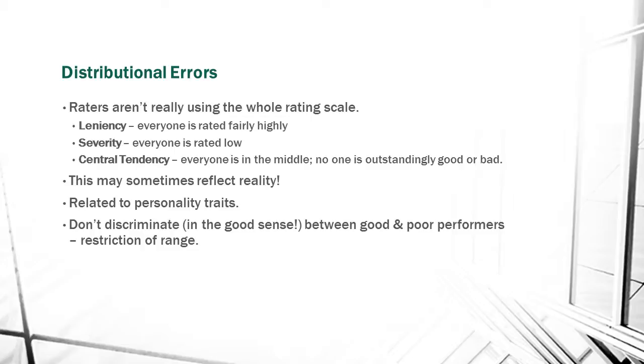That makes it very hard to use that information to make decisions or to really understand how other things might relate to job performance. When we talk about validating predictors of job performance later on, we're going to talk about an issue of restriction of range. It's hard to see correlations between things if there's not much variance in one of them. So distributional errors mean we don't have a lot of variance. Everybody's very similar. It's hard to see patterns and relationships.